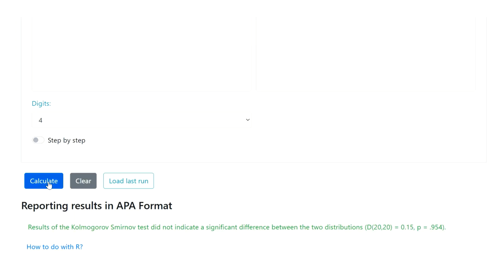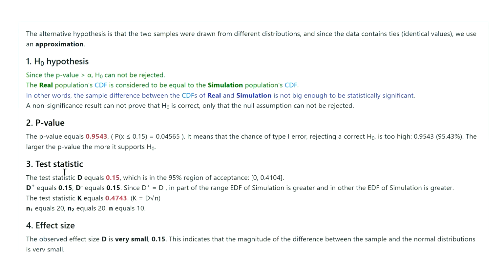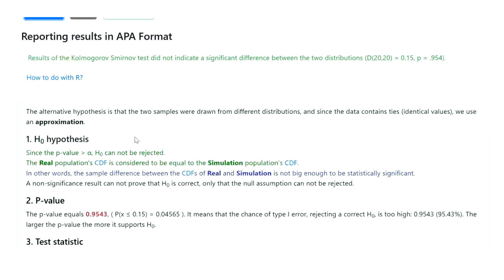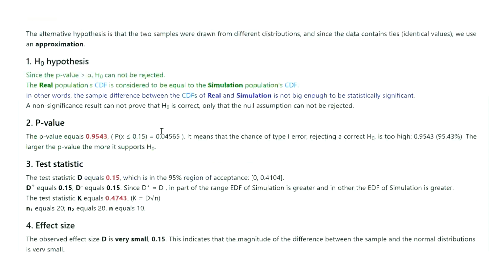So we just need to press the calculate button, and immediately we receive the results. Unfortunately, no beautiful diagrams here as before, but still we have received all the necessary information to make the decision.